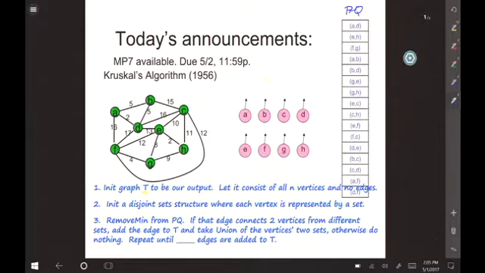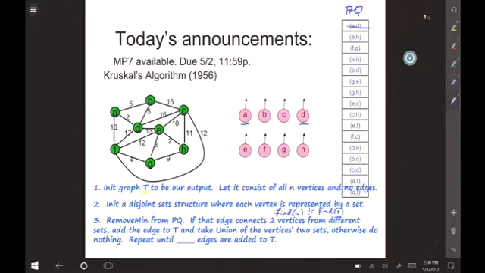Okay, so how does the algorithm go? Remove min from the priority queue. Oh, look, there it is, AD. If A and D are in separate sets, now think about what that means. That means the find of U is not equal to the find of V. Then do the following.